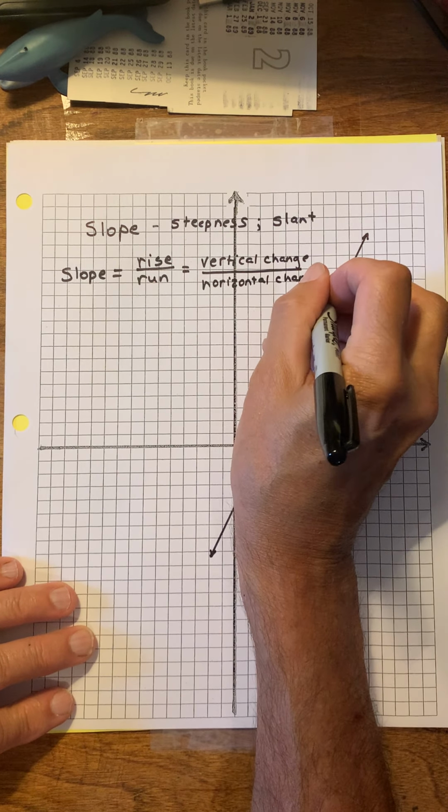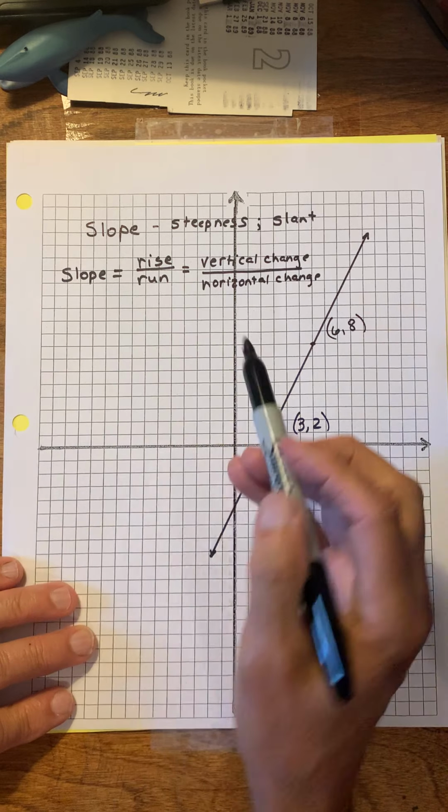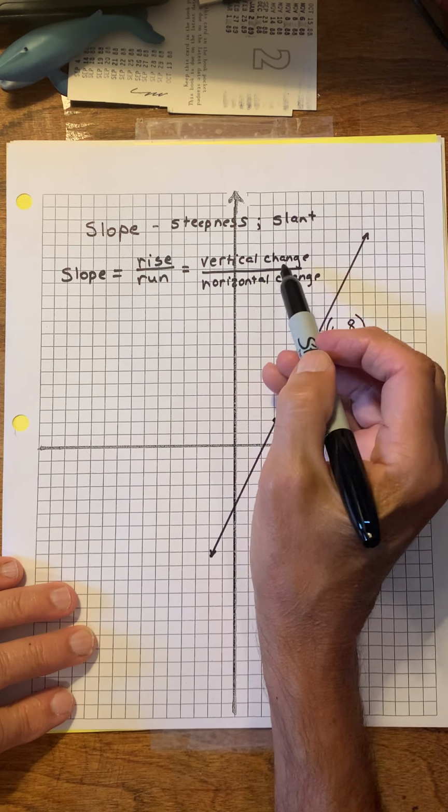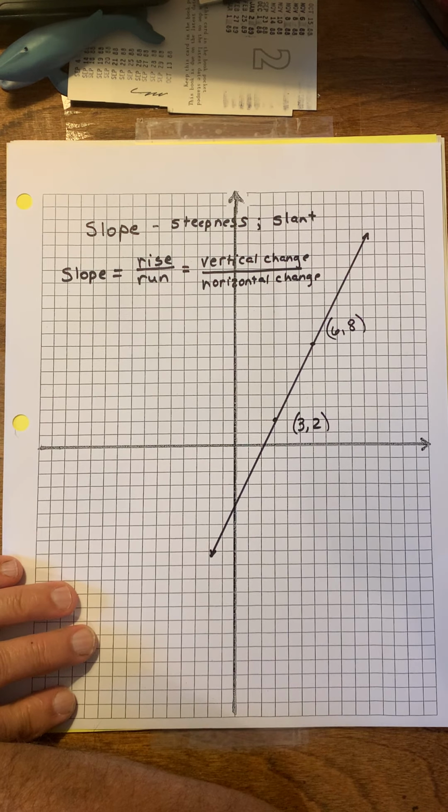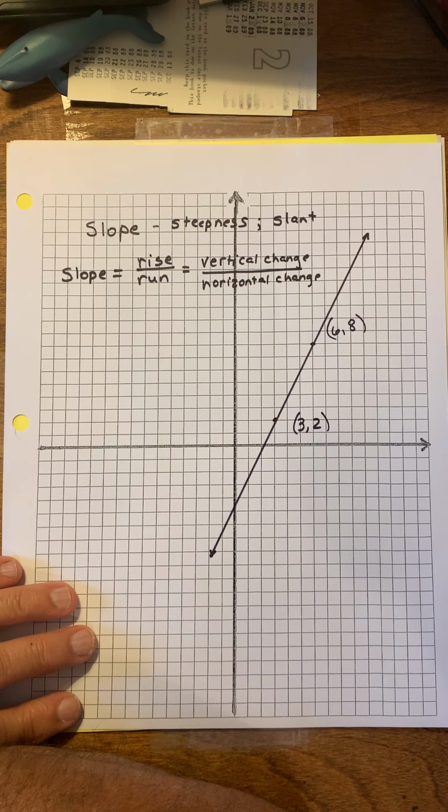So obviously in this line I have 2 points. We're going to define the slope to be the vertical change, and by the way, change means subtraction. If you made 90 on one test and 95 on the next, and you wanted to know the change or the difference in those two, you would simply subtract one from the other.